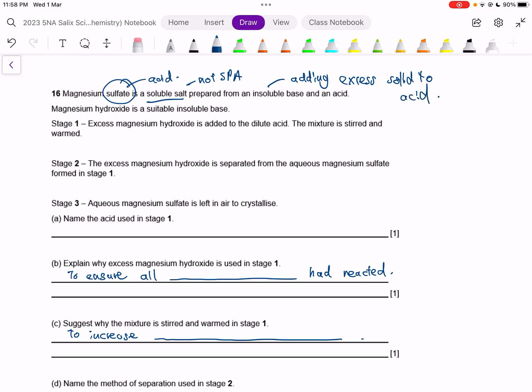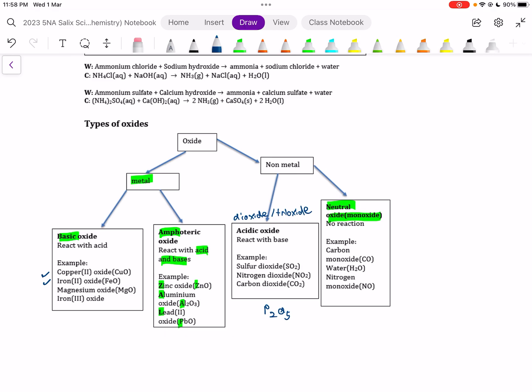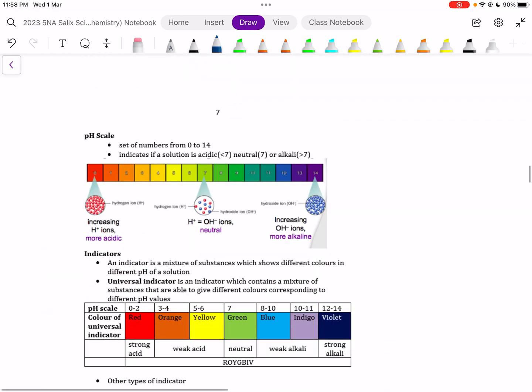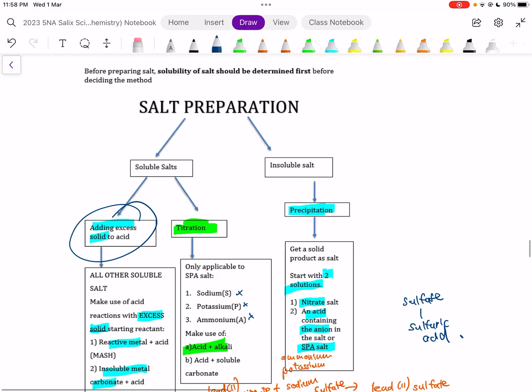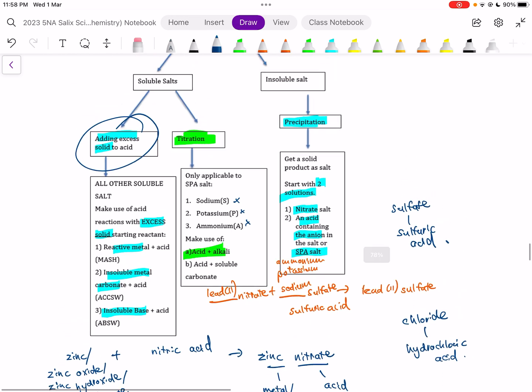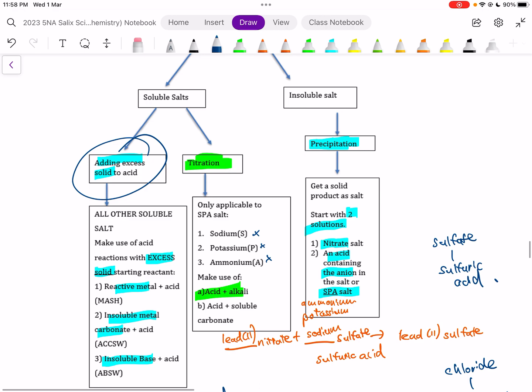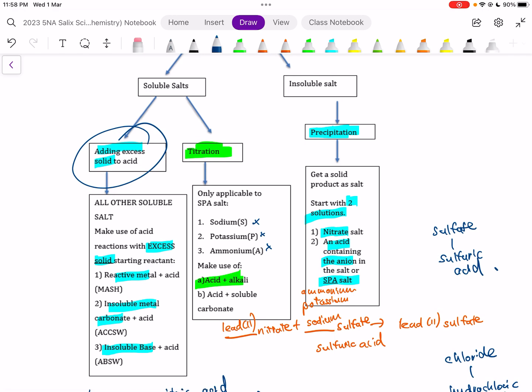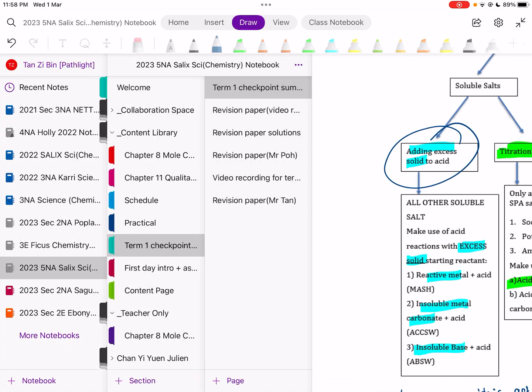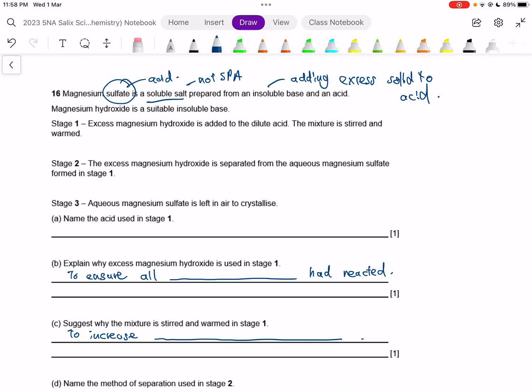Referring back to the summary booklet, page 11, you have it's a soluble salt, not SPA, so you use adding excess as mentioned by the question.